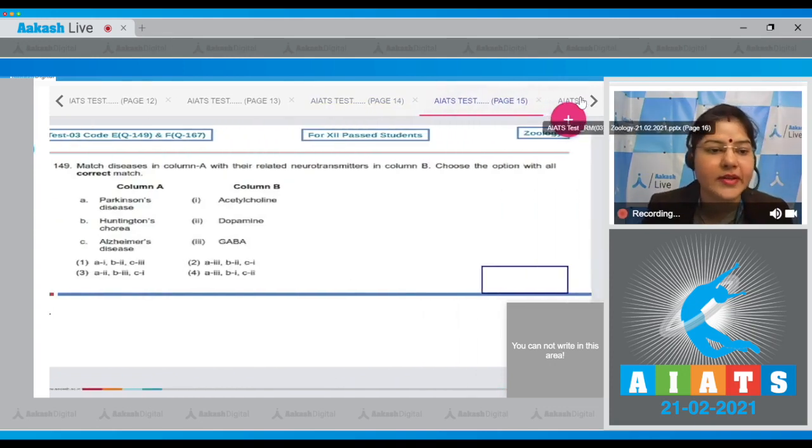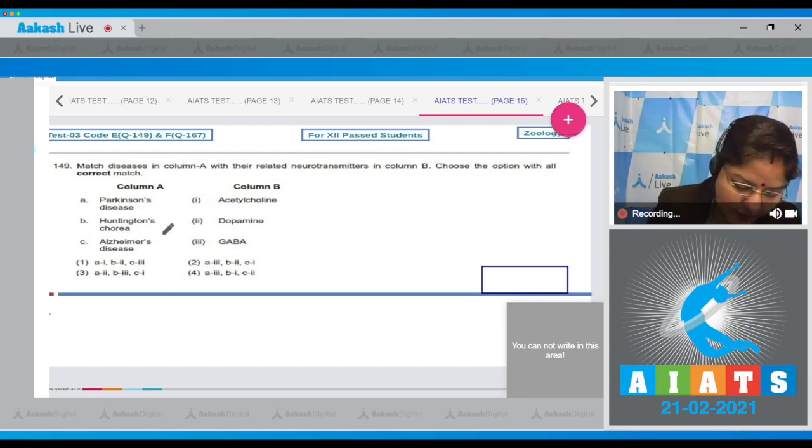Question number 149. Match diseases in column A with their related neurotransmitters in column B. Choose the option with all correct match. Parkinson's disease is due to deficiency of dopamine. Huntington's chorea is due to deficiency of GABA. And Alzheimer's disease is due to deficiency of acetylcholine.